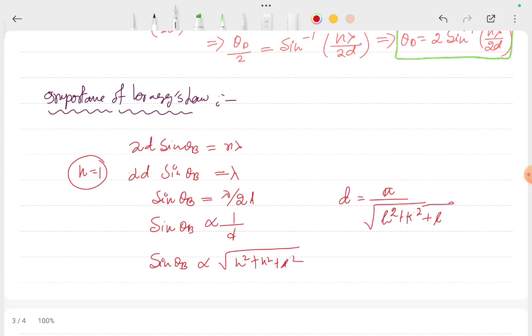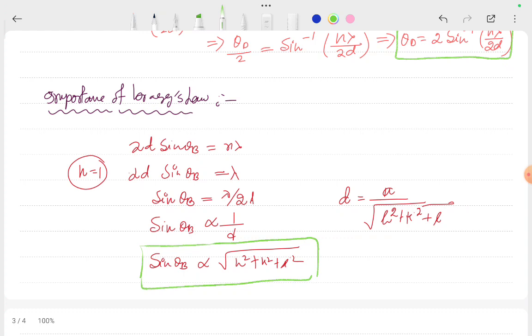So what can we get from this expression? It gives the positions of peaks. Positions of peaks means we get the peak for a corresponding plane at some particular Bragg angle.